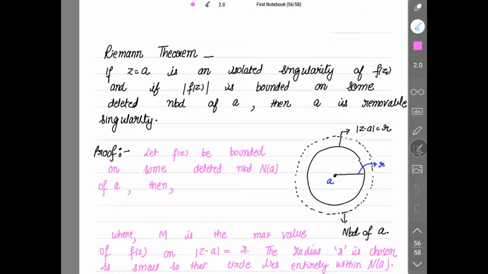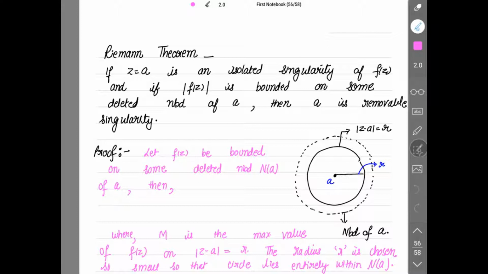And what we discussed in removable singularity in the previous video is that whenever the principal part contains no term, then z equal to a is a removable singularity.